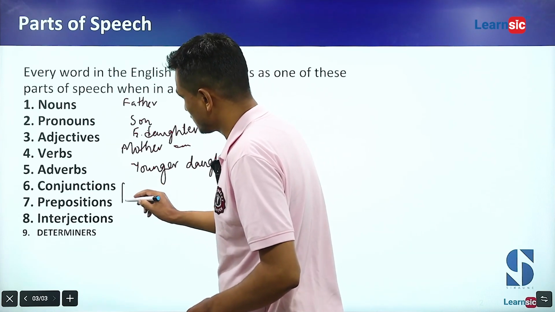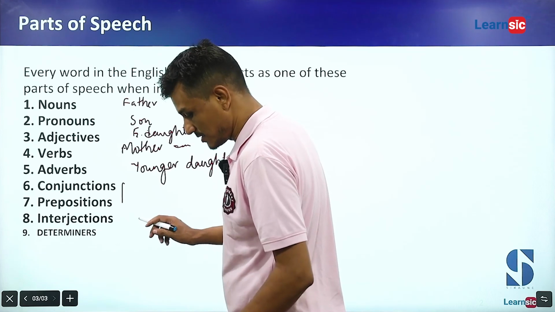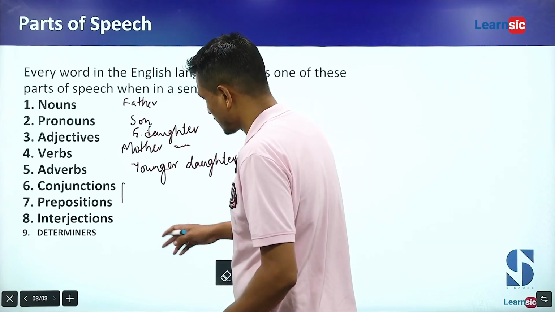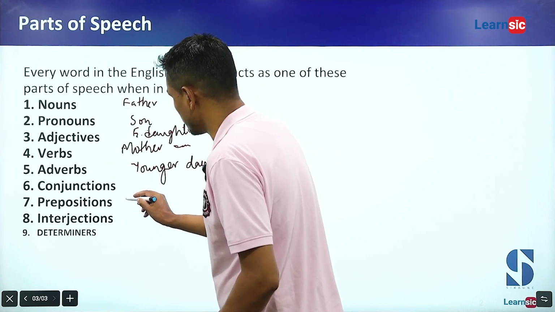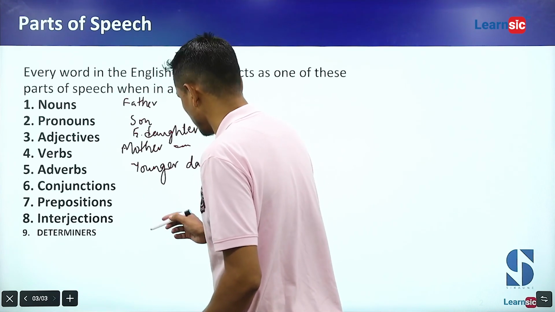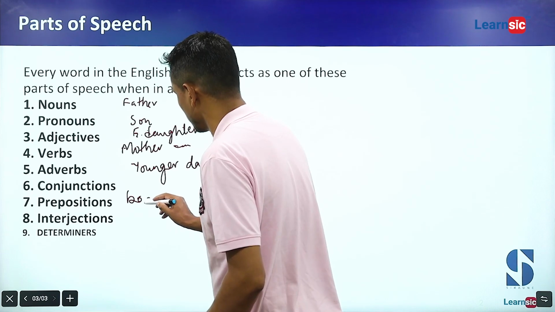Conjunctions and prepositions are the... Preposition is what we call the bodyguard of the family. Preposition is the bodyguard of the family.